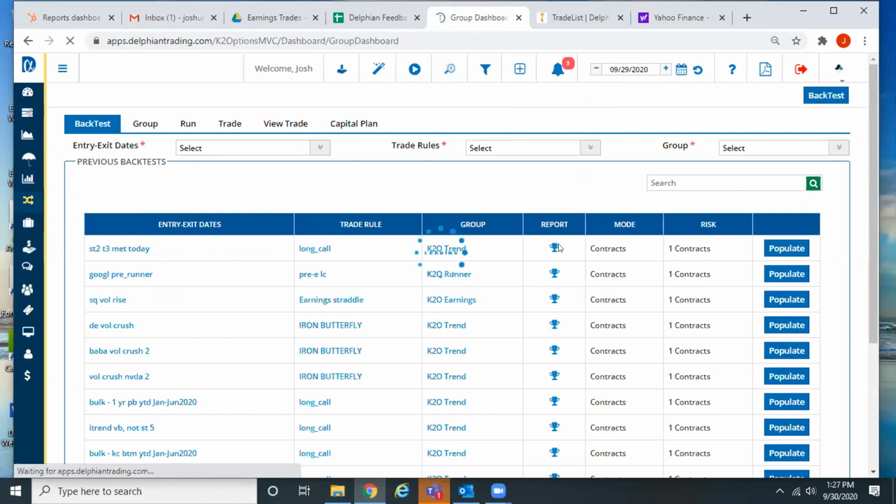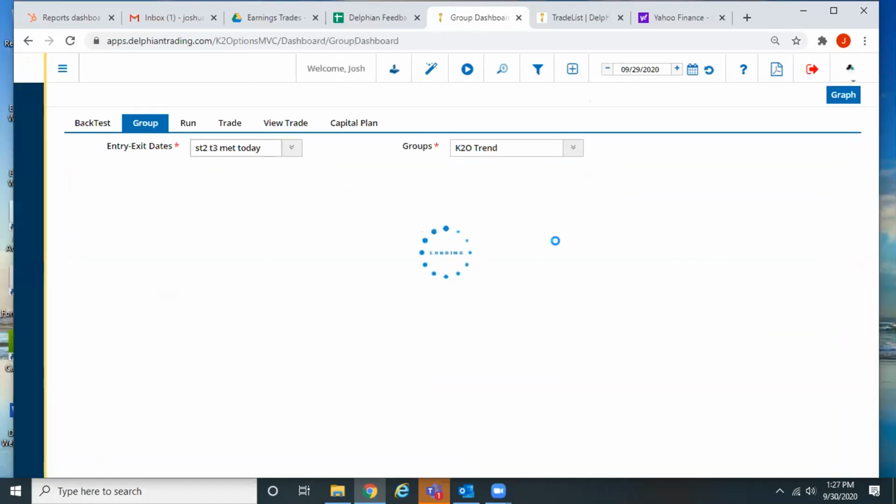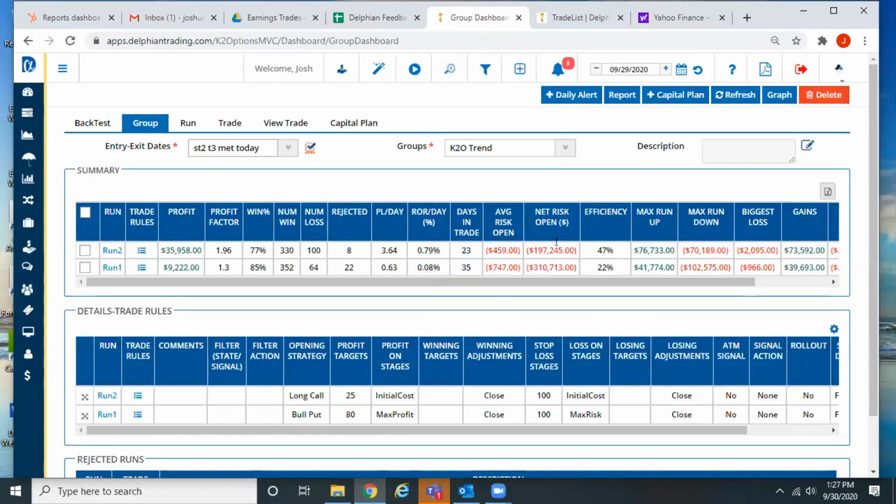If we go in, I did the bull put and the long call. They have pretty good win percentages here. I'll do one for a bull call, long call, and the bull put, so I'll do 3 for that big list of 3,000. I know some people like the calls, though not many, maybe just Gail, and a lot of people like the bull puts or the bull calls.